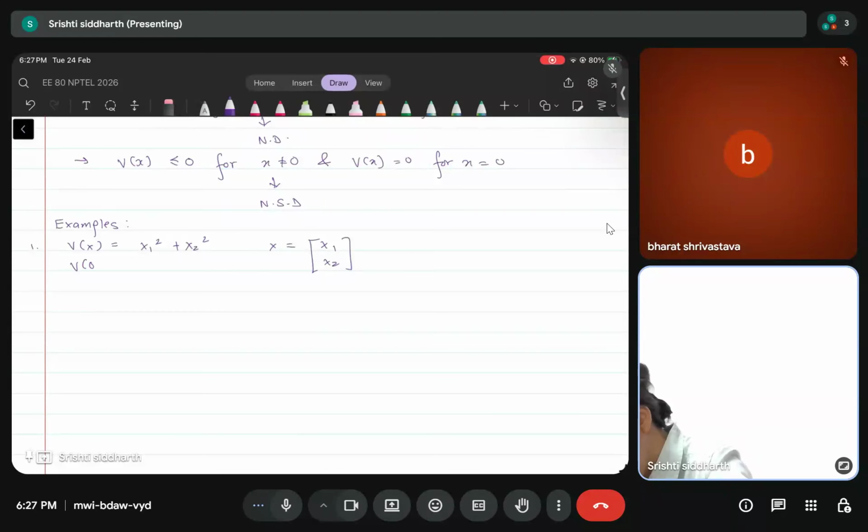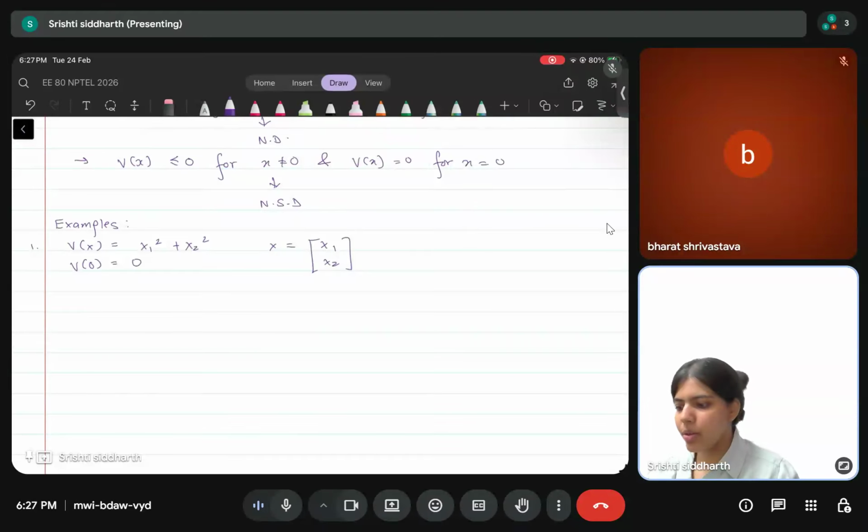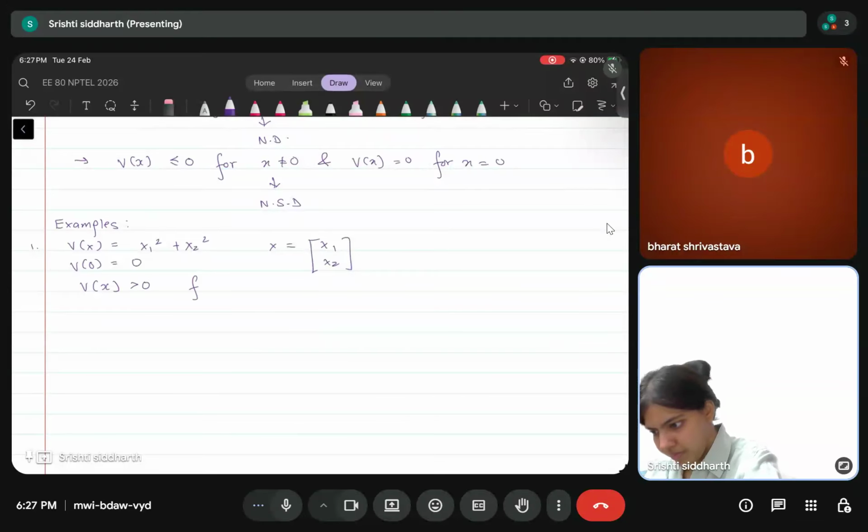At 0, it is exactly 0, and for any non-zero values of x1 or x2, it is always greater than 0. This means that V of x is positive definite.